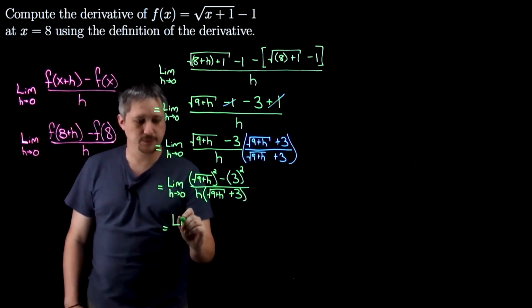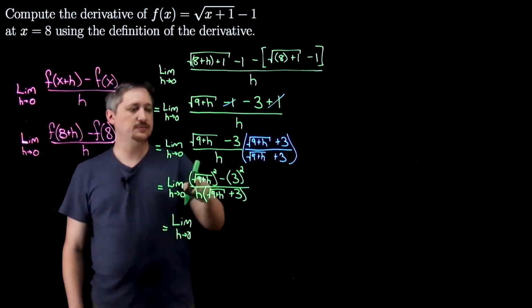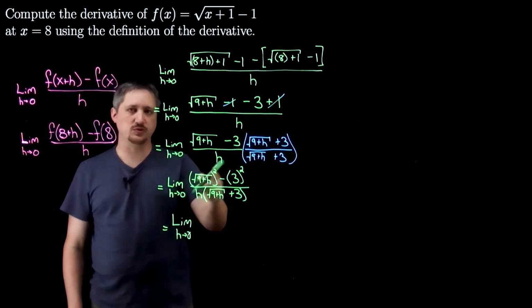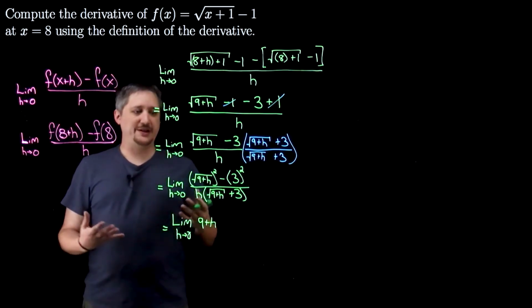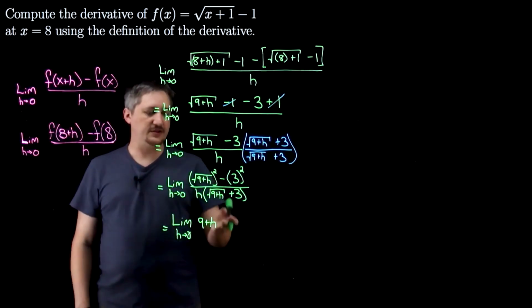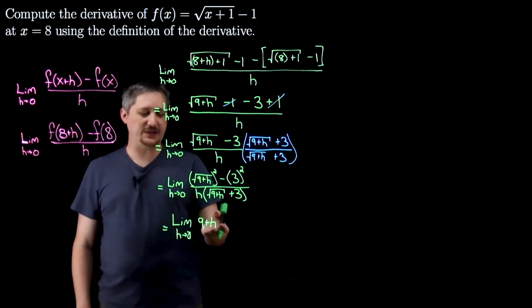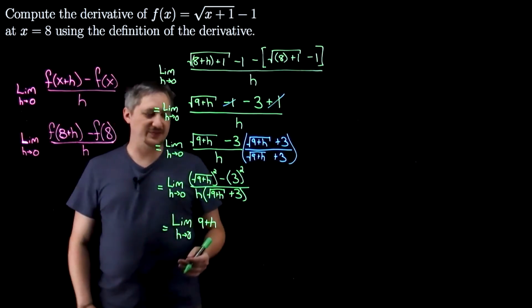But let's see the magic happening here. This is going to be h going to 0. Here the square and the square root will undo each other. So I'm going to get 9 plus h. Strictly speaking, I get absolute value of 9 plus h, but we can think of h as being a positive thing, or more accurately, h as being a small thing, because h is going to 0, so 9 is going to be that same, right?